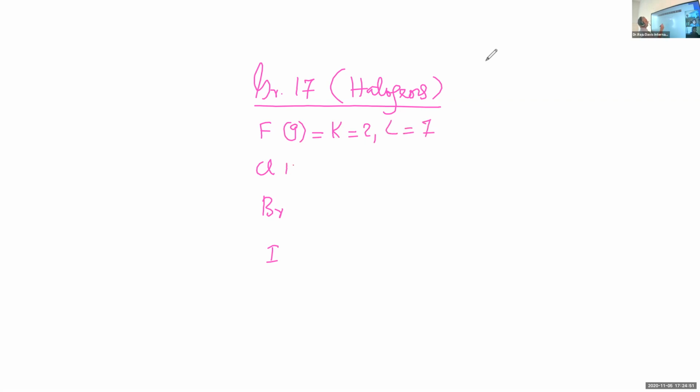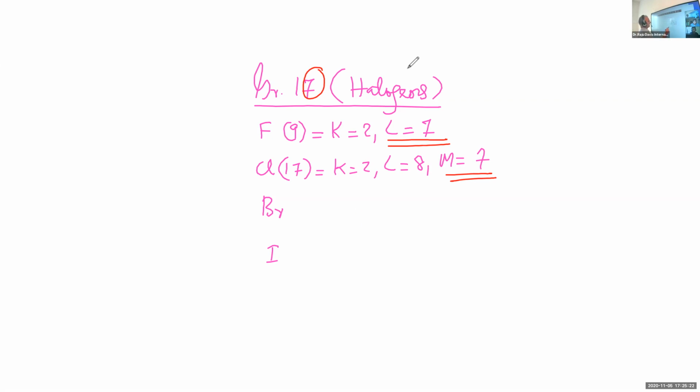Chlorine, atomic number 17. In the K shell, 2 electrons. In the L shell, 8 electrons. In the M shell, there will be 7 electrons. See here, in group 17, the number of electrons in the outermost shell is equal to 7.